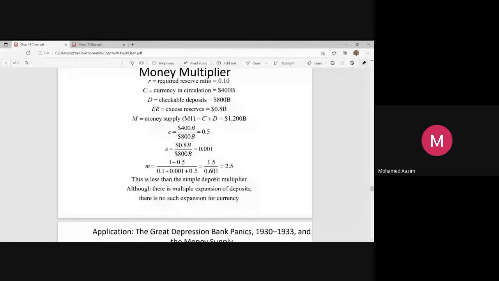So when policies are introduced by the central banks, you can now at least foresee what influence they have on the overall money supply. When the money supply changes, what happens to the interest rates, what happens to the exchange rate, you can go on and define.